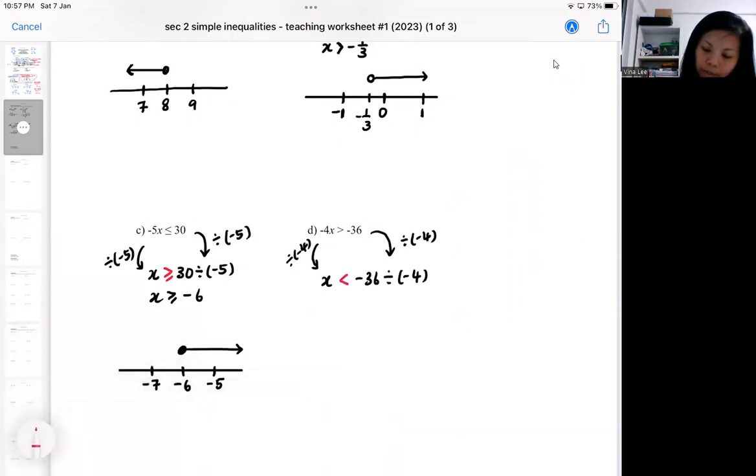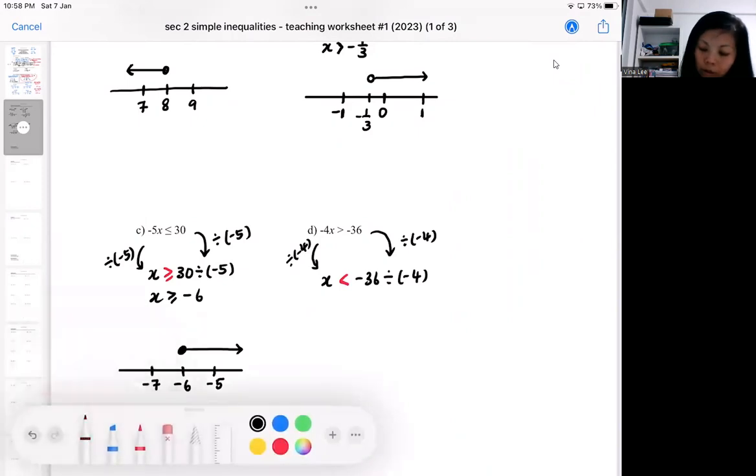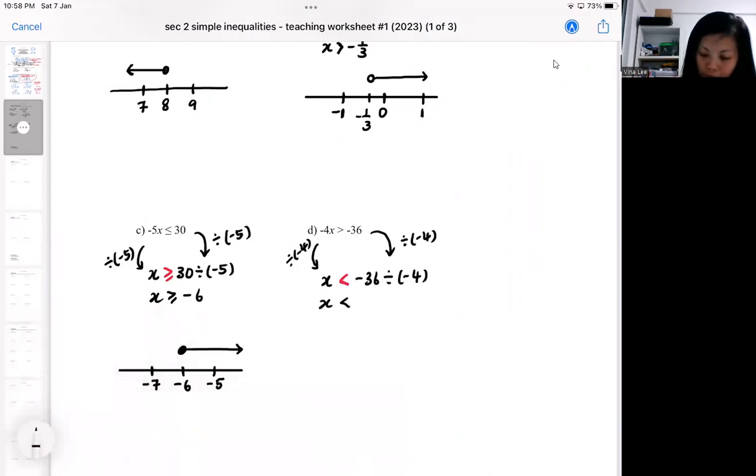Change the direction. So stay focused, it's not that difficult. It depends on what number you are dividing. I'm dividing by -4, and -4 is a negative number. Very obvious, so you got to reverse the sign.